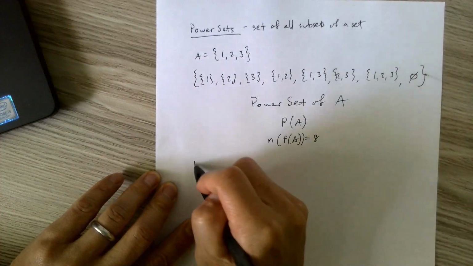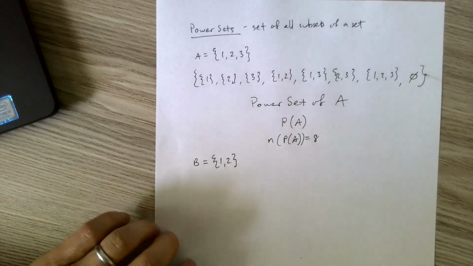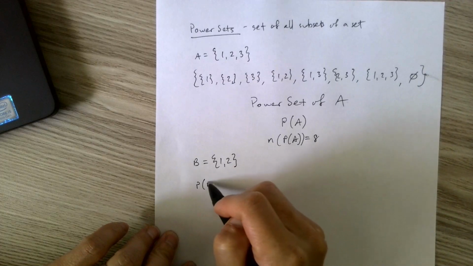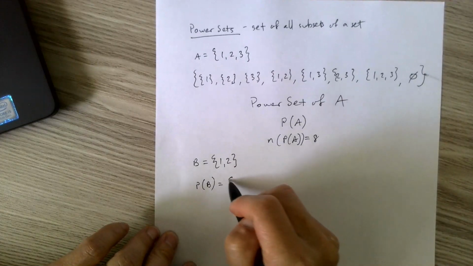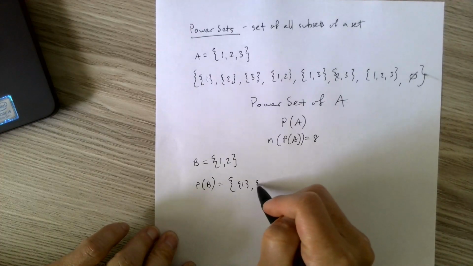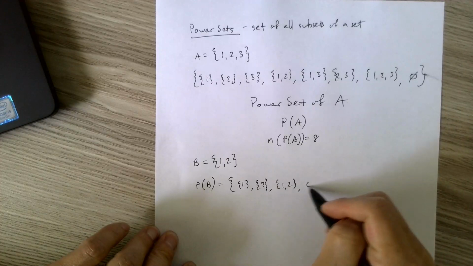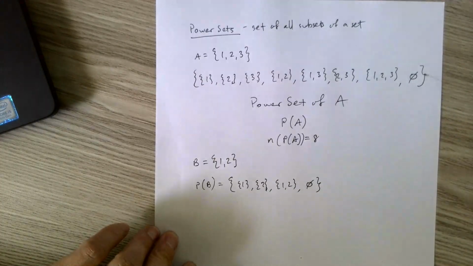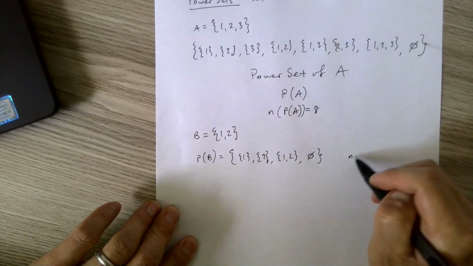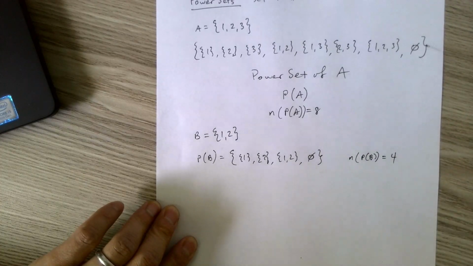Now let's make another set, set B. It only has 2 elements, 1 and 2. So if I try to create the power set of B, I would get the set containing {1}, {2}, {1, 2}, and the empty set. 4 elements in the power set of B. So the cardinality of the power set of B is 4.